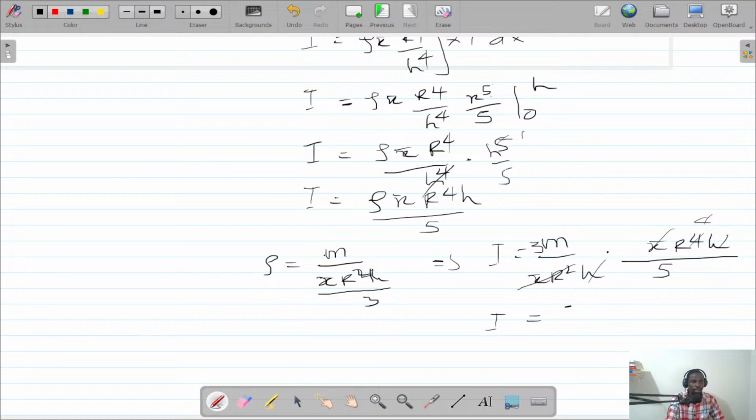So that would be 3m, h and h will cancel, r power 4 over r squared will be left with r squared, pi will cancel pi, so 3/5 m r squared, so that is the Ix.